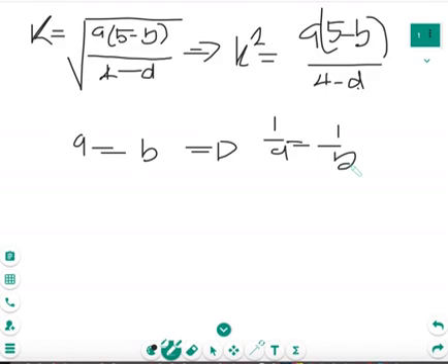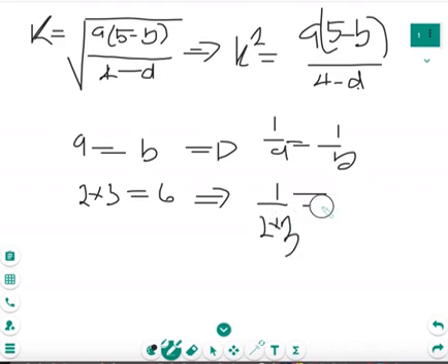For example, if a is 2 times 3 and b is 6, this implies the same way, if you find the inverse, 1 over 2 times 3 is the same as 1 over 6.